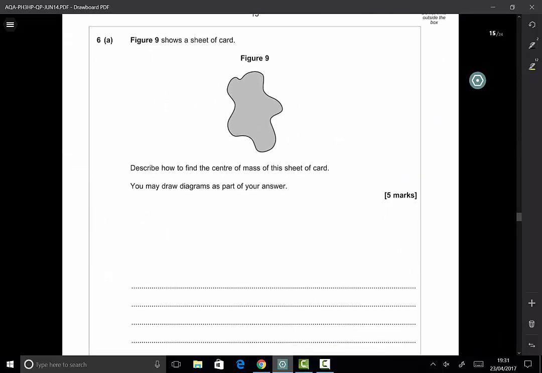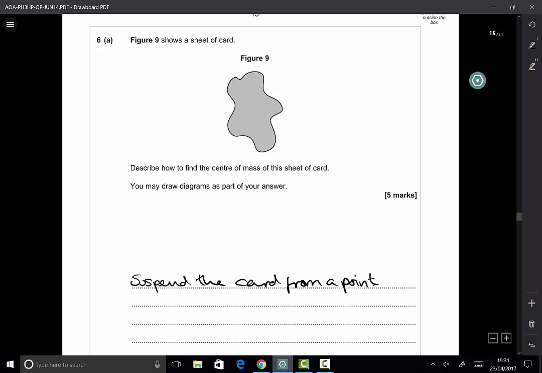Figure 9 shows a sheet of card. Describe how to find the centre of mass of this sheet of card. You can draw diagrams as part of your answer. So the first thing we want to do is suspend the card from a point. And we want to suspend a plumb line from the same point.